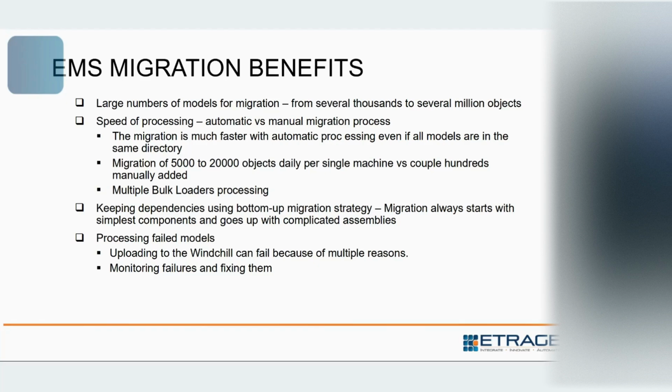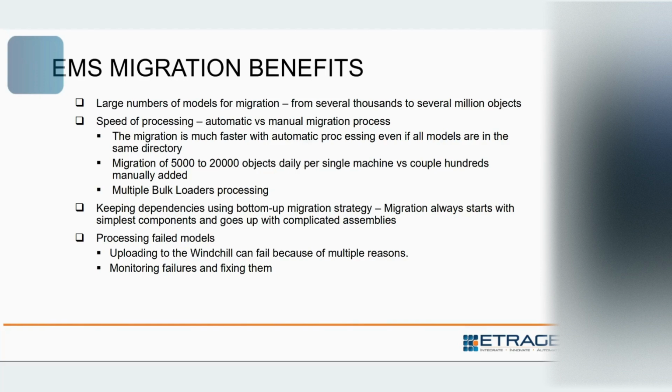The next is speed of processing, and the migration is always much faster with automatic processing, even if you have all models in the same directory. And in case of automatic processing, you don't need to pay attention to which models exactly are migrated and which are not.